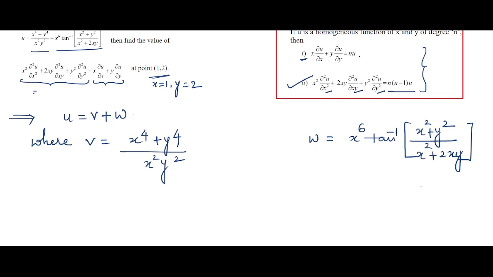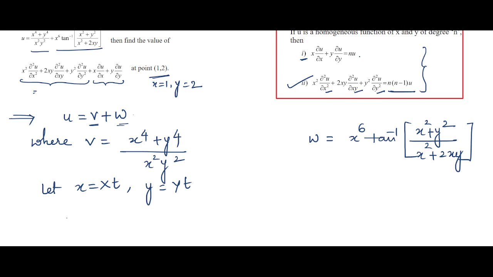So we have written u in two terms, v and w. To say whether u is homogeneous or not, we need to check whether v and w are homogeneous or not. We know from the previous video how to check whether a function is homogeneous or not. So let us take small x equal to capital X into t, and small y equal to capital Y into t.